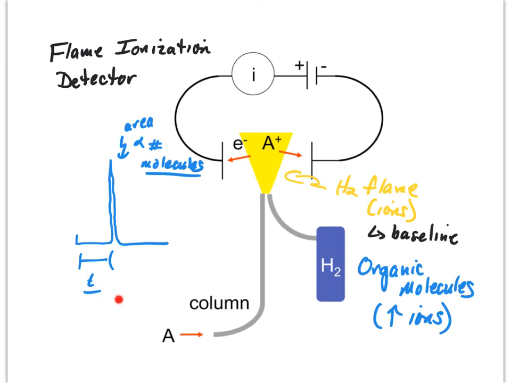So we will use the time to determine which isomer is coming out, and the area under the curve to measure relatively how much of the isomer is exiting the column. And we will show you in lab how to actually run the GC and do the injection.